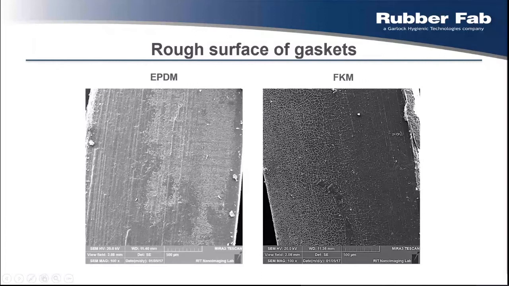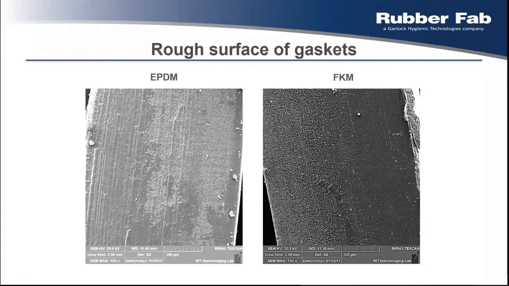Here you can see microscopic pictures, taken with a scanning electron microscope, of some very common gasketing materials, for example EPDM and FKM. We see the surface at 100 times magnification in each picture, and you see that the surface is rather rough if you magnify and look very closely.